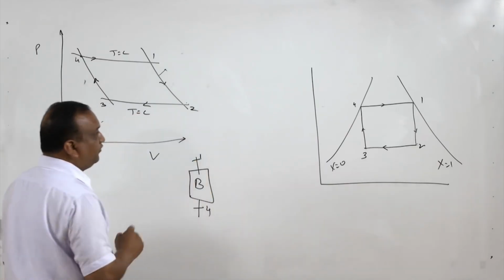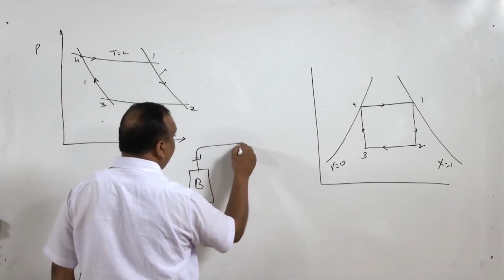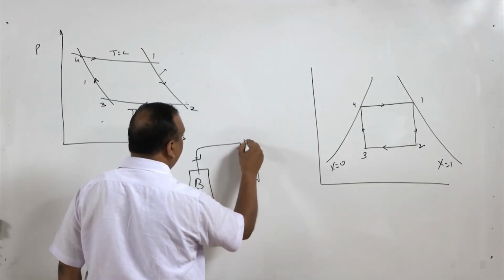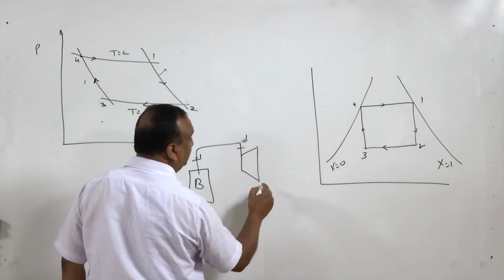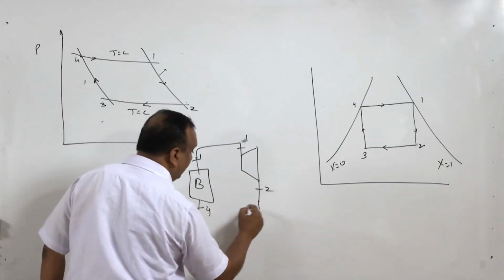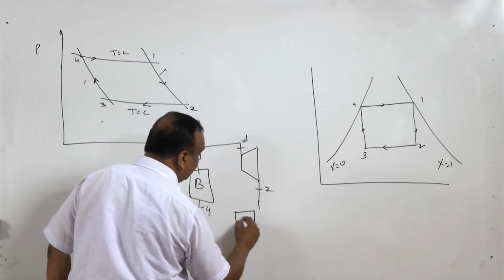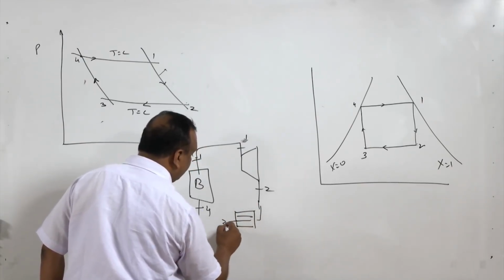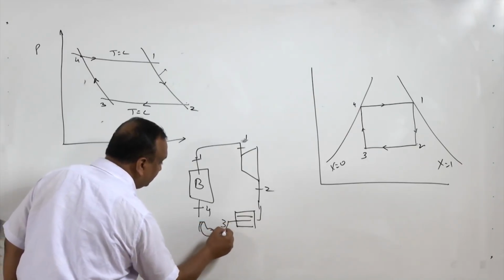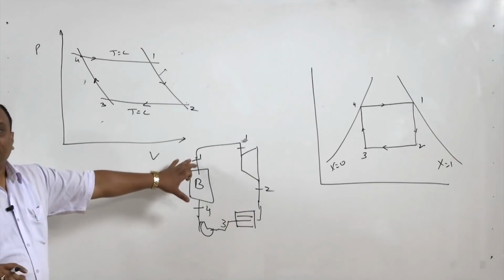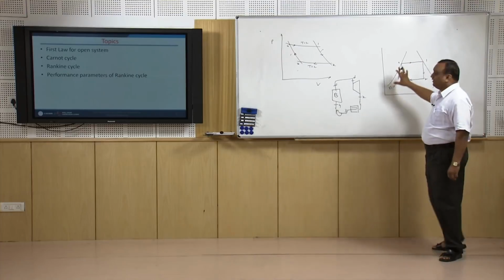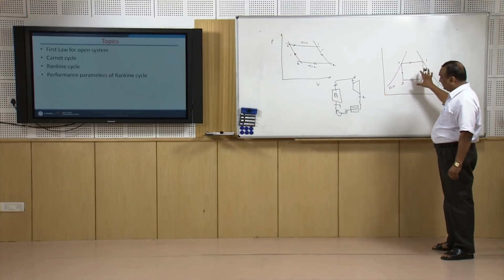From 1 it will go to a turbine, this is 1 and this is 2, and 2 to 3 shall take place inside a condenser, and 3 to 4 shall take place inside a pump. So all these processes will take place inside different entities, not a single entity.